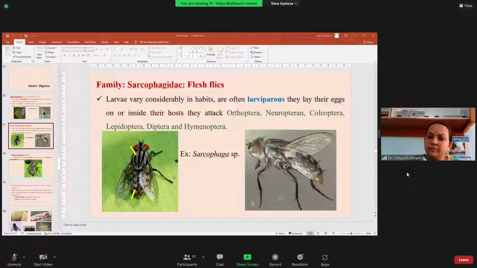If you separate them from their host during the larval stage, they do not live. They will die. Even if you detach and give another caterpillar of the same kind, they do not enter. They will die. Once they are attached and feeding on the larvae, if you detach them, the life cycle is not completed. But here they are facultative only.